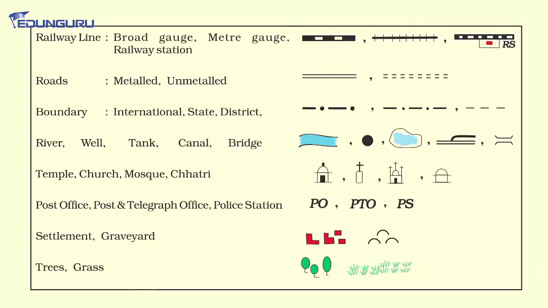Why? The reason is so that any person who knows any language can universally read the map, can know the directions and understand where he has to go ahead. So, there is no language constraint in the study of maps because of the symbols. Some of the conventional symbols are shown in the picture. You can see that various colors are used to represent these symbols.